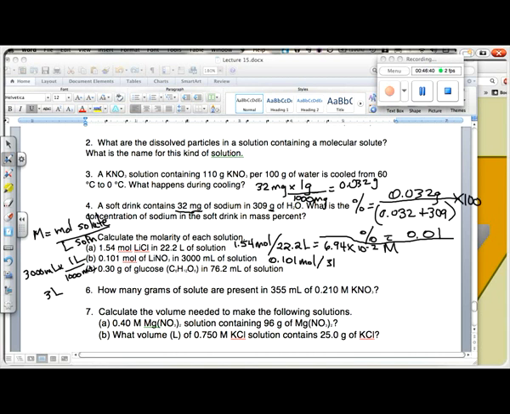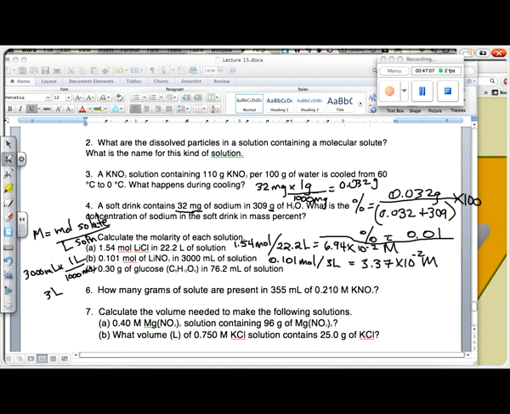Over 3 liters equals 3.37 times 10 to the minus 2 molar. All right?